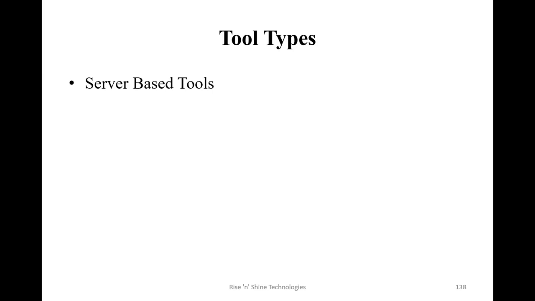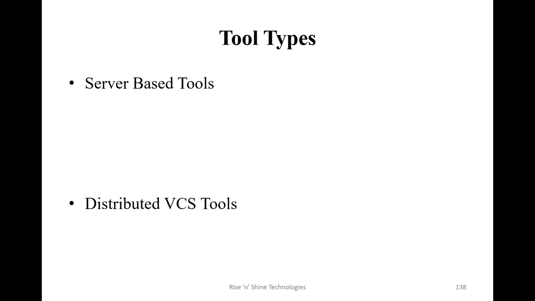One is server based, a client and server architecture. Some version controlling tools use the client and server architecture, and some use a distributed version controlling architecture. On the basis of the architecture of the tool, we categorize it: is it server based or distributed?